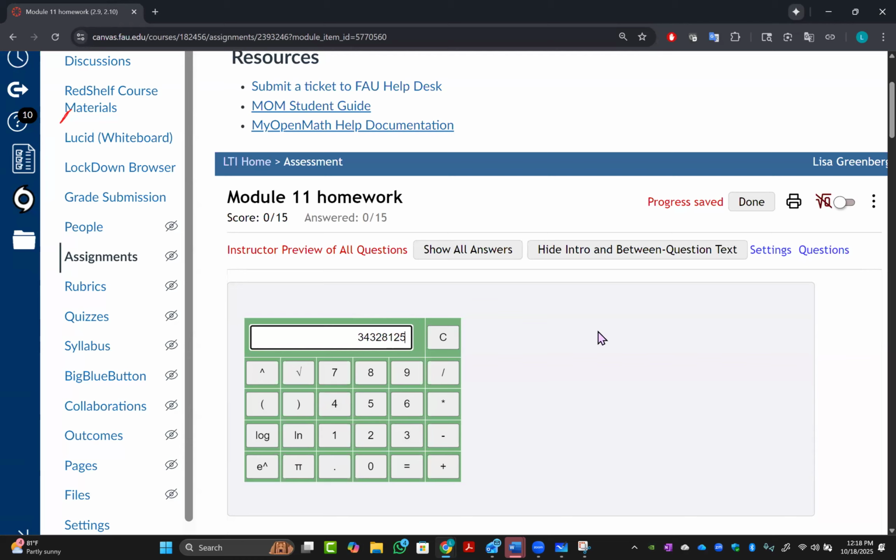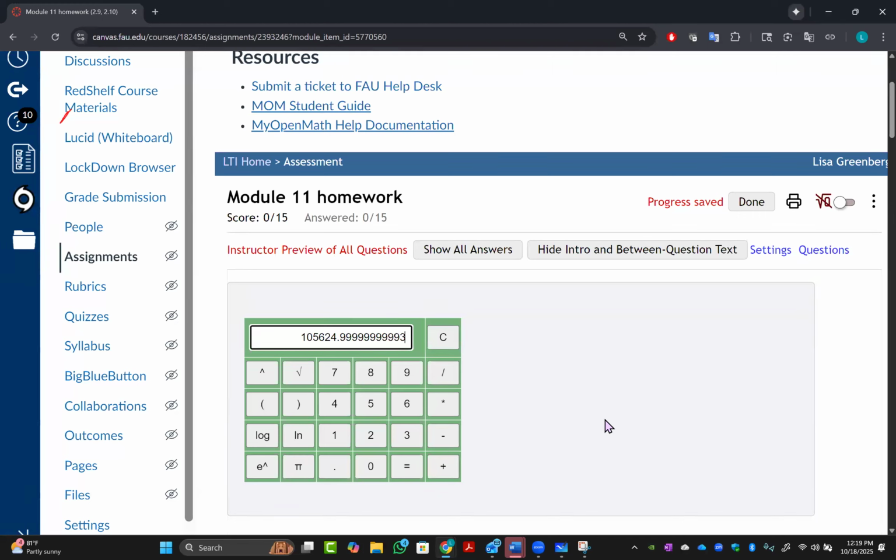Is that right? Look at it before. Yeah. Okay, to the 2/3. So I'm going to put it to the power of 2 divided by 3, with parentheses around them, equals that number.